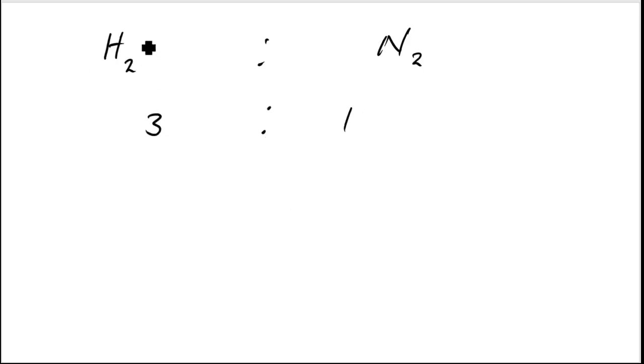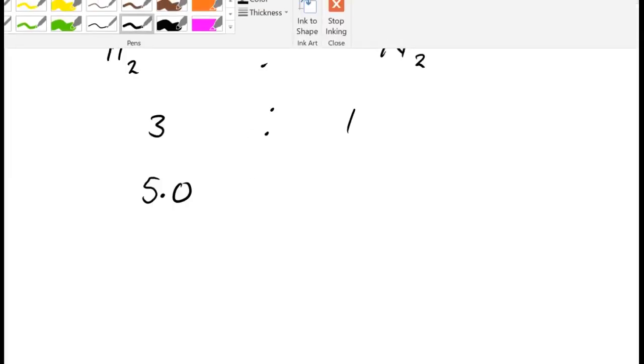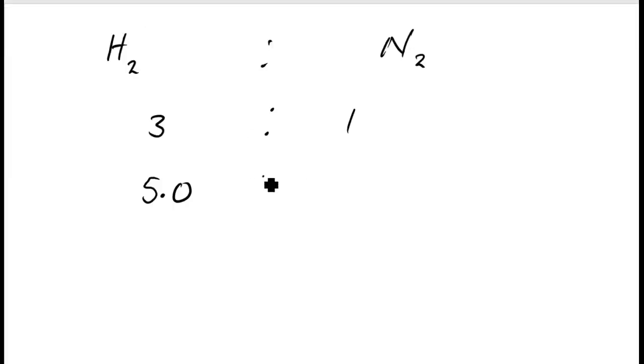The number of moles for hydrogen was 5.0, and the number of moles for nitrogen is 0.54. So what you do is you get this number, you divide into this. You also get this number, you divide into this.